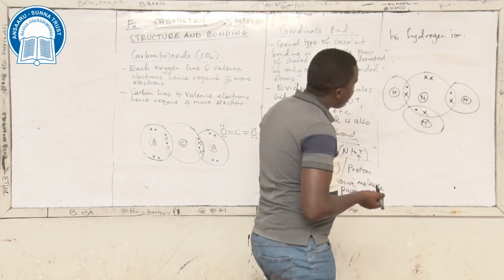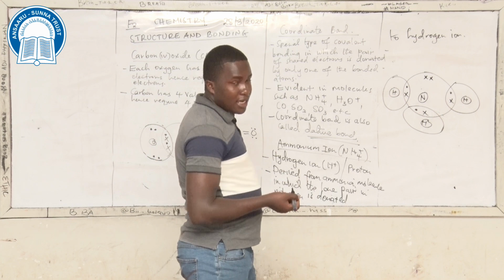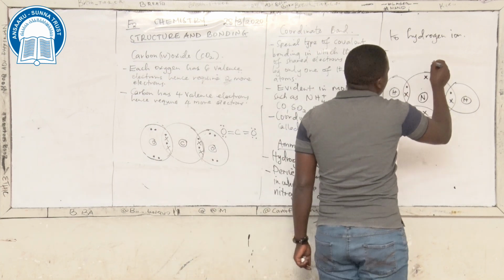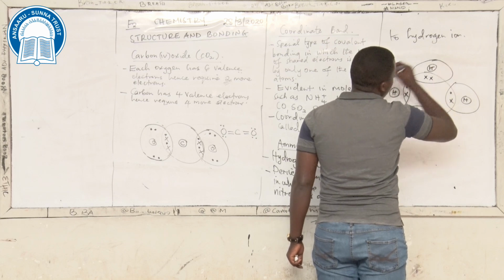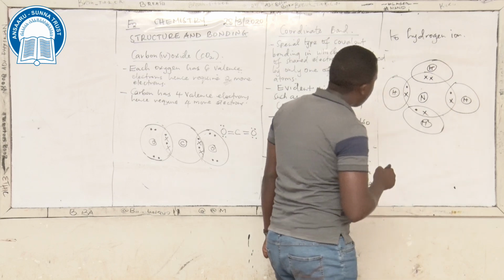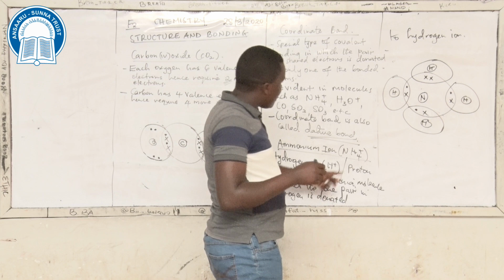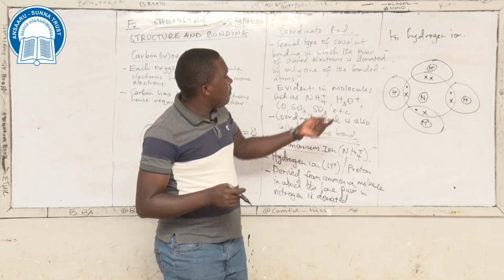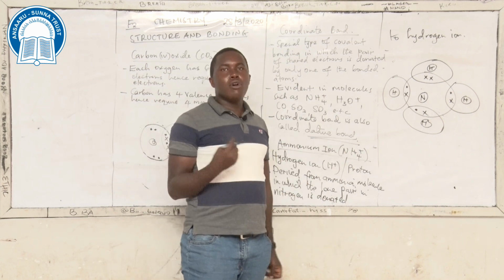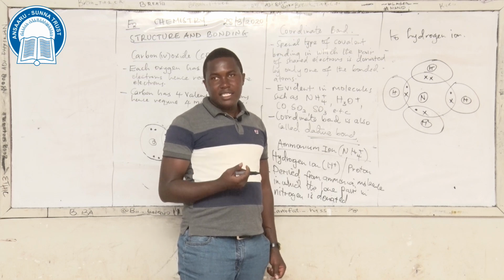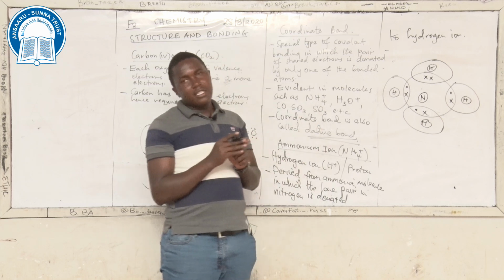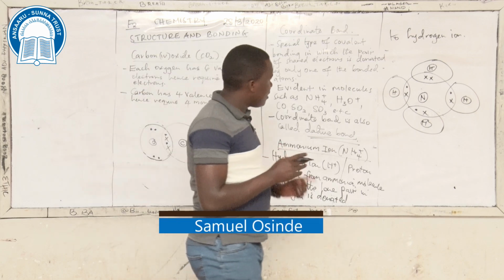But now another hydrogen comes without an electron and bonds on this part, forming a coordinate bond. So the positive charge is because the proton which has come has added more positives, because it has no negative, and therefore the whole molecule will have a positive charge.